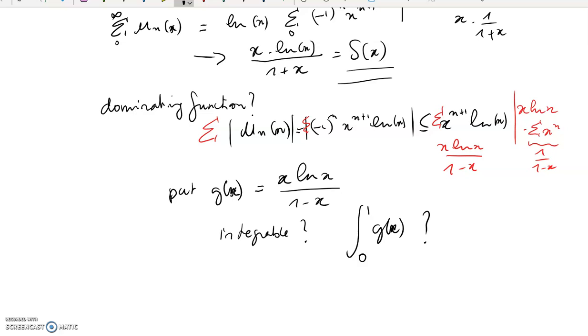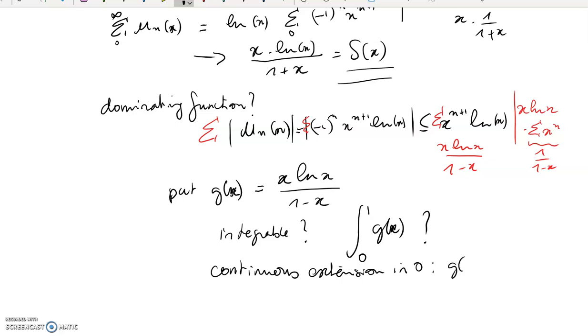All right, so what about the limit of this function? In 0, we have a continuous extension. Why?